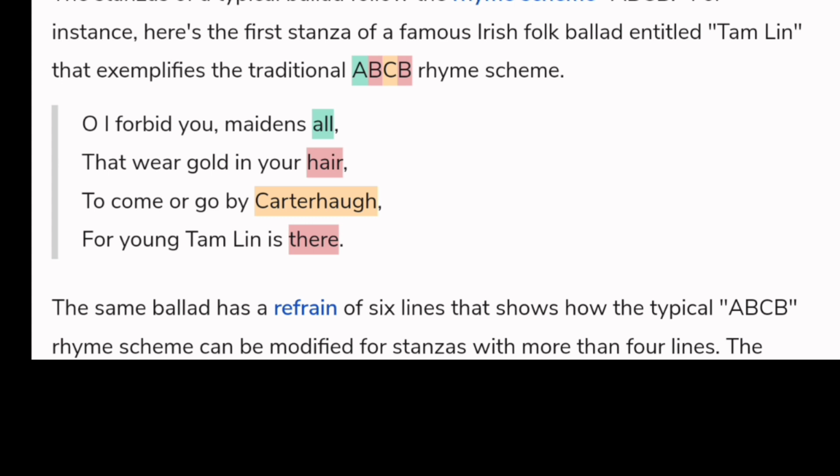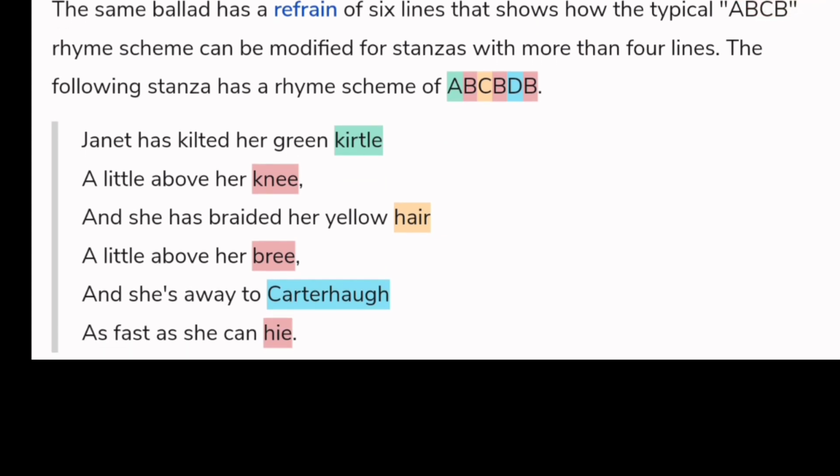This ballad has a refrain of six lines that shows how the typical ABCB rhyme scheme can be modified for stanzas with more than four lines. The following stanza has a rhyme scheme of ABCBDB.